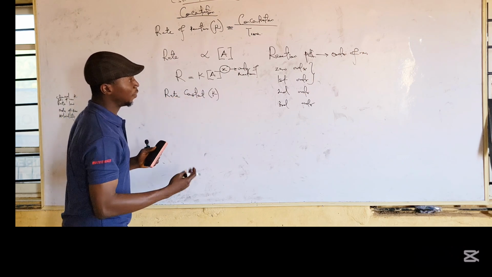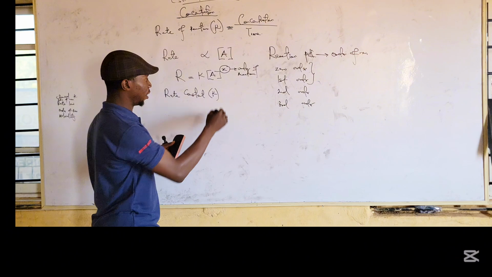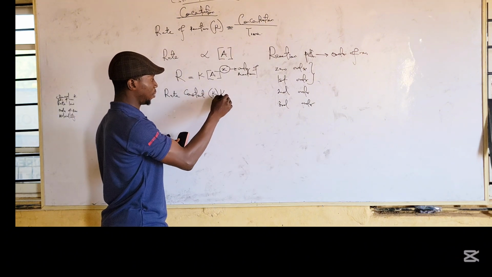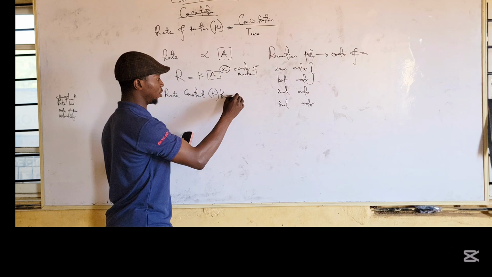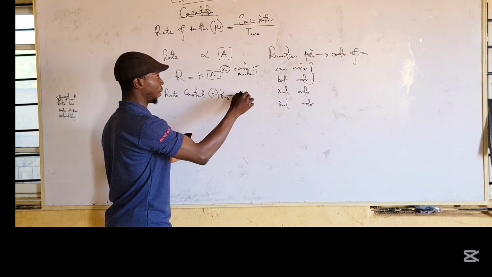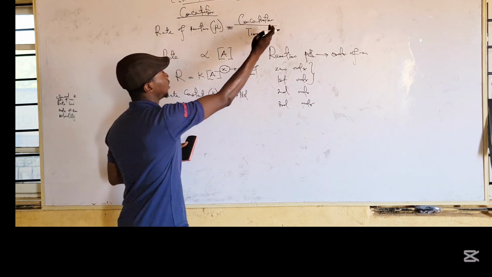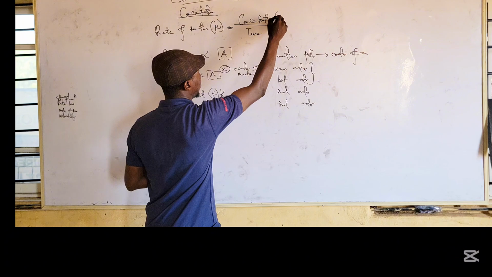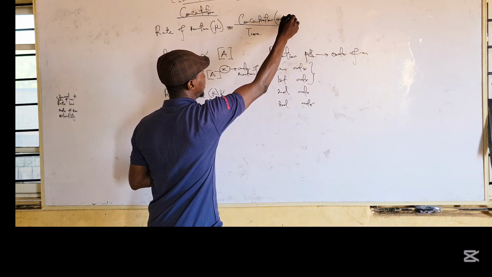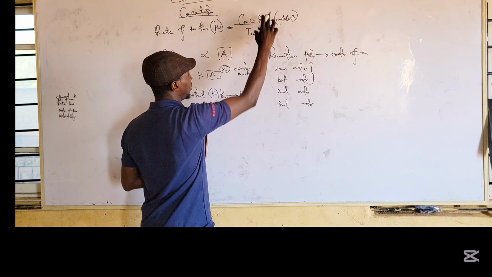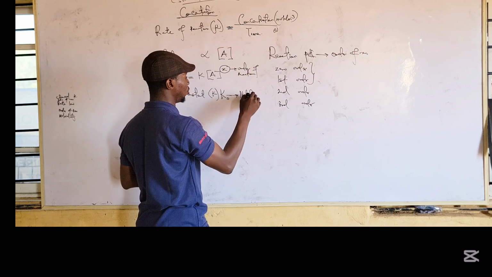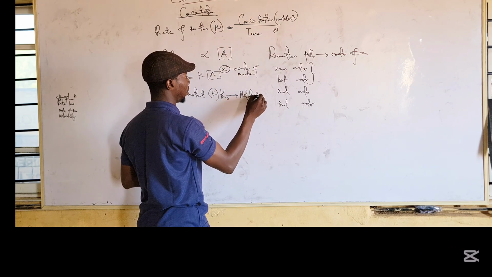It has different units for different orders. If you have K0, that means K in zero order, the unit is mole per dm³ per second. From this particular equation, you will discover that our concentration will be in mole per dm³, while our time will be in seconds. So bringing the two together gives you mole per dm³ per second.